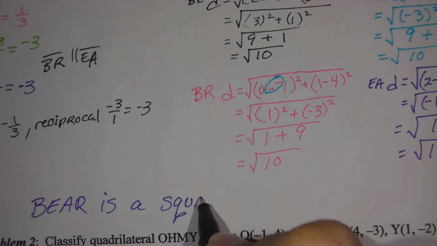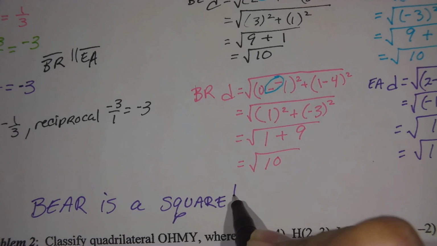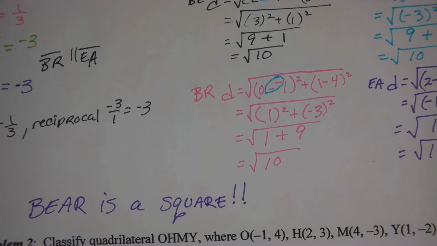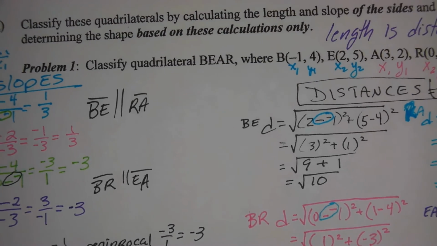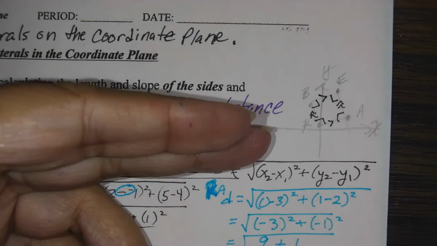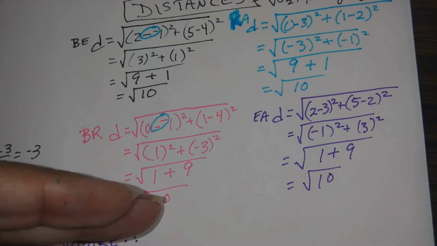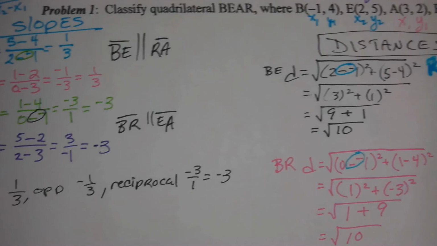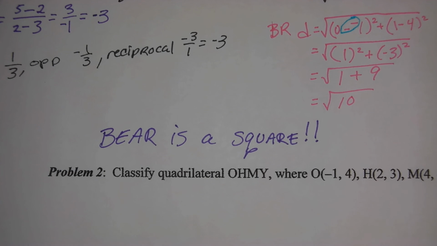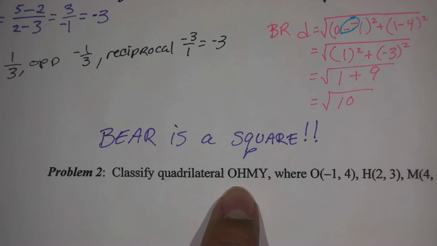It's a square, ladies and gentlemen. Woohoo! Because we have perpendicular sides and we have 4 congruent sides. Boom, done. BEAR is a square. So you're going to have to keep in mind all of the lovely characteristics of quadrilaterals. And we are done. Next up, in the next slide, oh my.